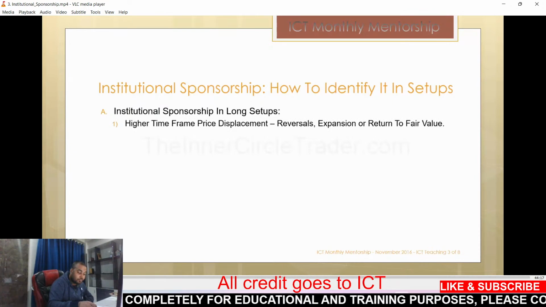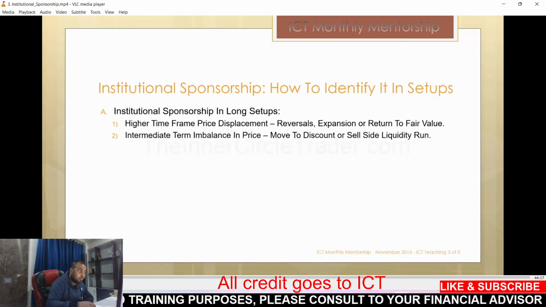Key to identifying institutional sponsorship in long setups is the notation of a higher time frame price displacement. And that can come in the form of a reversal, an expansion, or a return to fair value. Intermediate term imbalance in price. Now, this is a move to discount or a sell-side liquidity run.